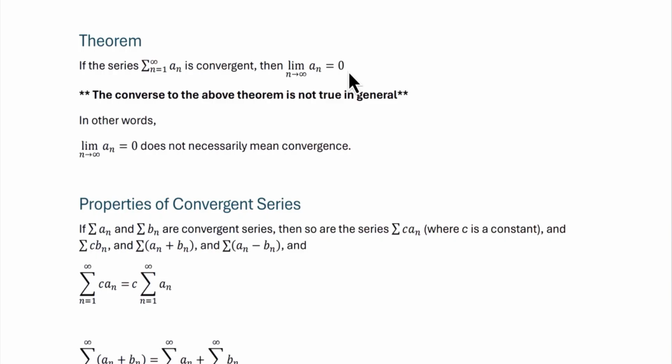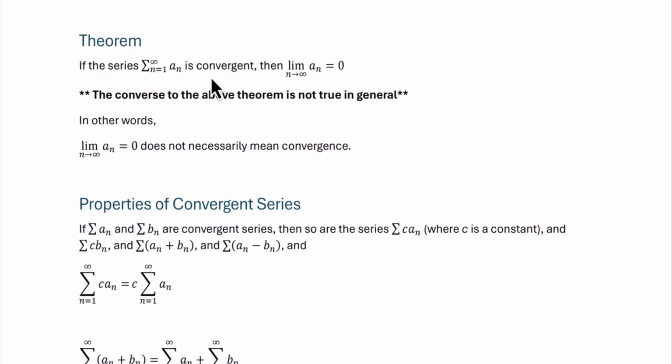Now we do have to be careful because the converse of this theorem is not true in general. It's not a biconditional statement. If we have a convergent series, then we know that the limit of the sequence is 0. But we can't read this backwards. Just because we have a limit of a sequence equaling 0, that does not indicate automatically that the series is convergent.